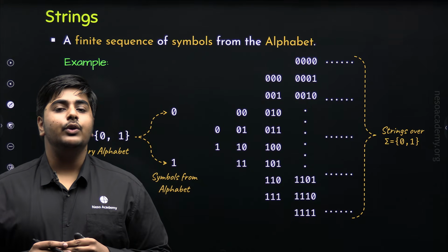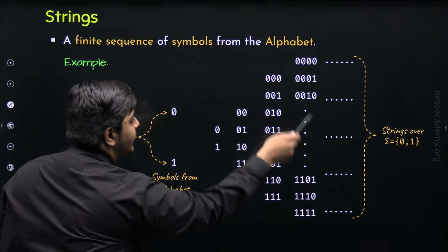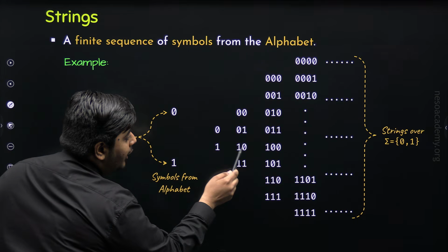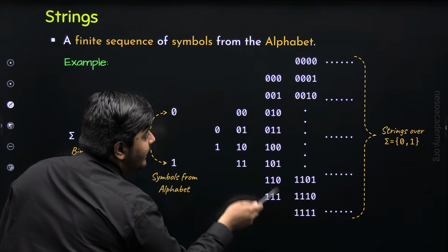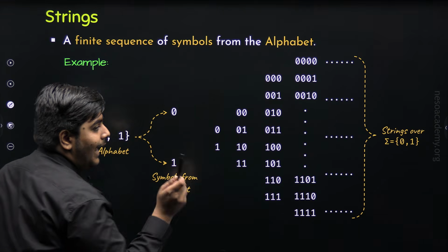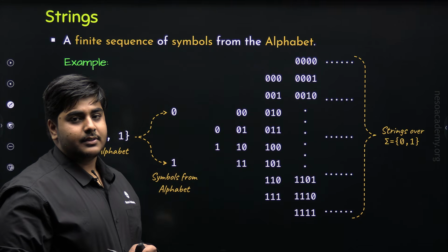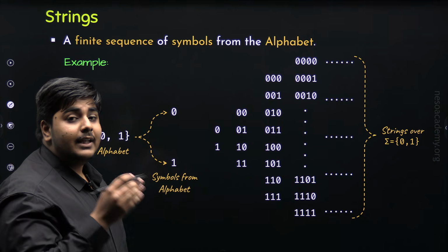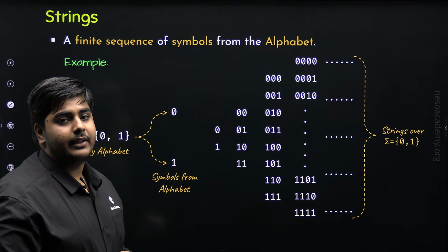Now here you need to note one important point: while generating these strings, you can use these symbols in any order, and you can even use these symbols any number of times. And we can also calculate the length of these strings. Now, what is the length of a string? Length of a string means how many symbols are present in that string.